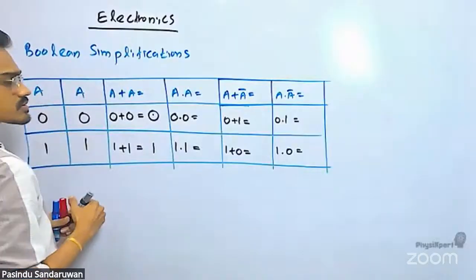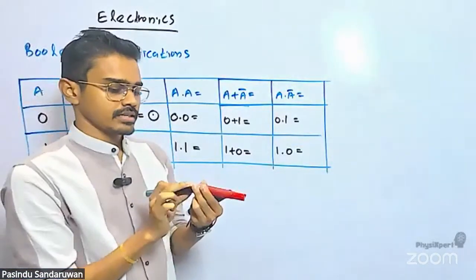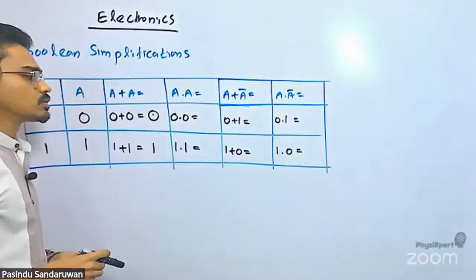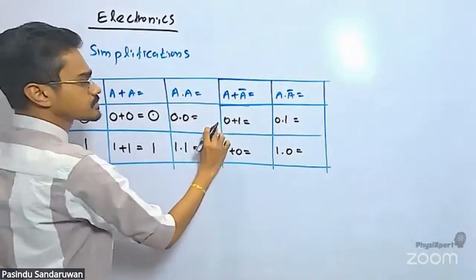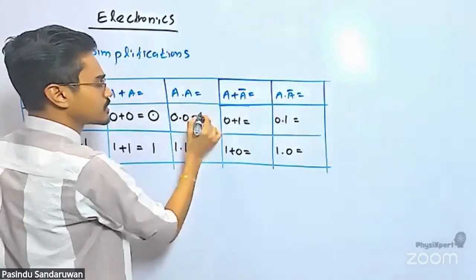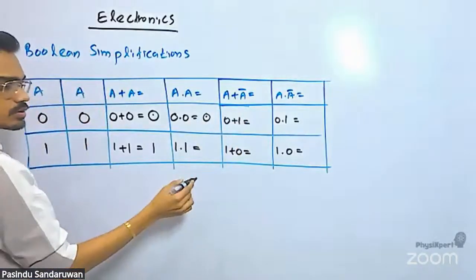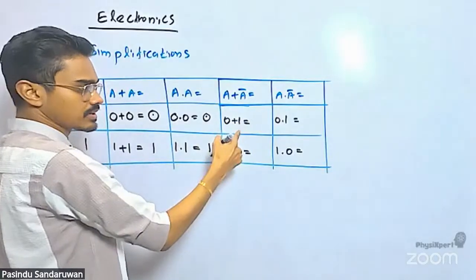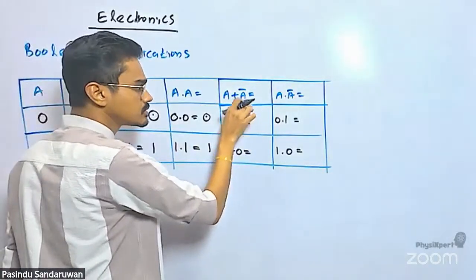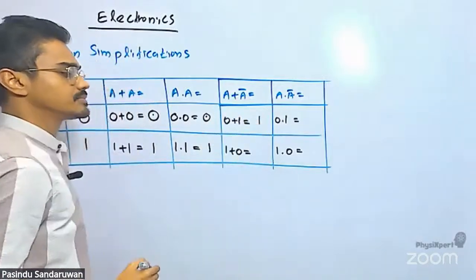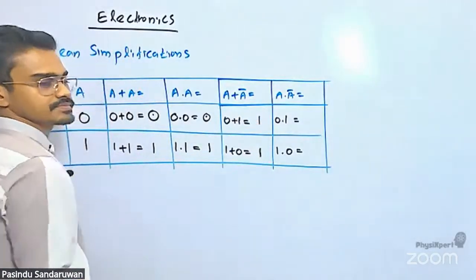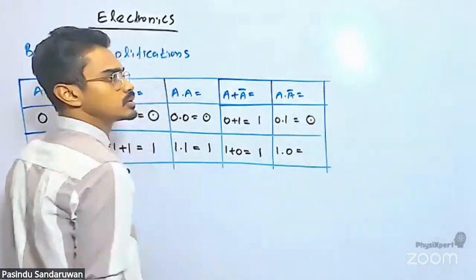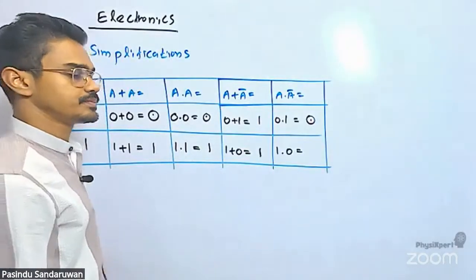First one, 0.0, right? If you connect a wire with no current to a wire with no current flows, no current flows, 0. 1.1, 1, right? 0 plus 1, 1. 1 plus 0, 1. 0.1, 0.